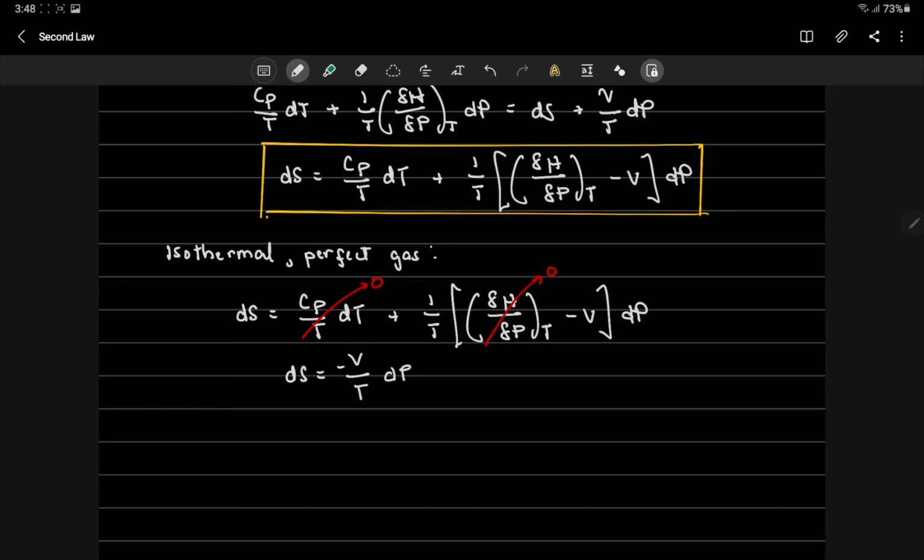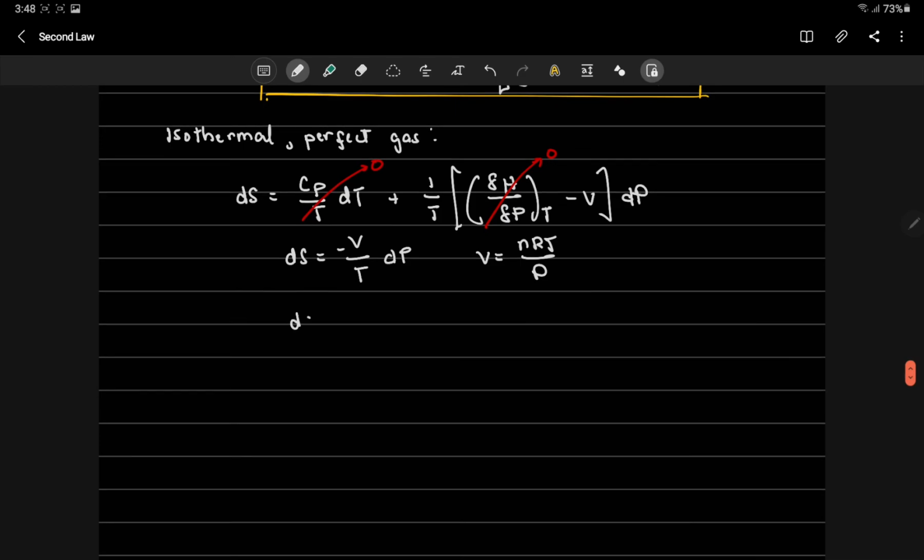Now, let's find an expression for volume that contains the variable pressure. So syempre, manggagaling yan kay perfect gas equation. So yung volume, according to the ideal gas equation, it's nRT over P. Substitute natin yan.